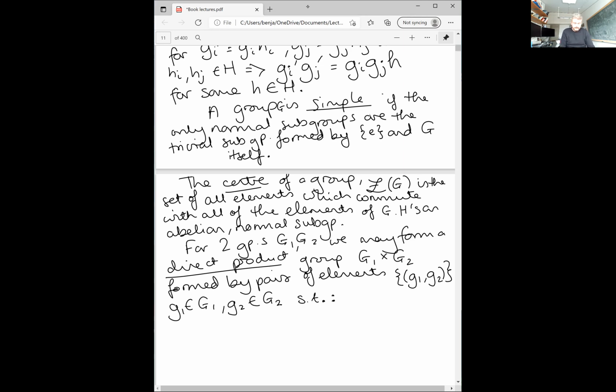So if we consider group composition of this direct product, let's take the product of two pairs of elements. Then we just do the simple thing, which is we take the composition of the pair within the respective groups.